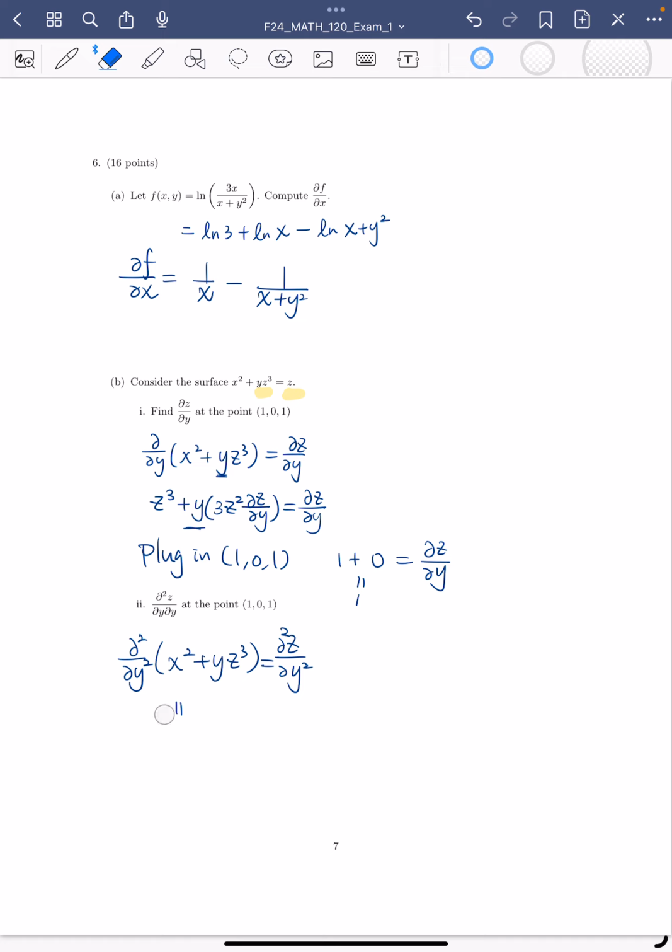Sorry. If you already know from above, we have this is the first derivative. We just differentiate that again with respect to y.